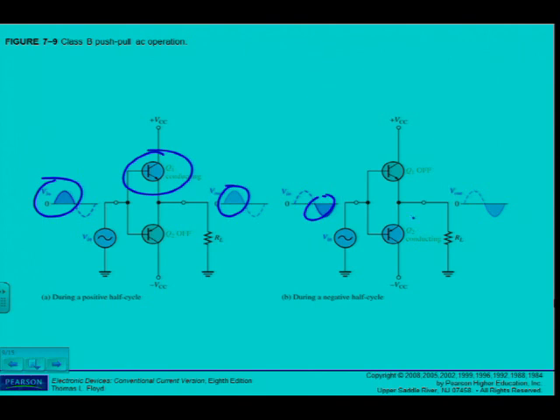Negative alternation, I can see Q2, which is a PNP transistor, is going to conduct for the negative alternation. Alright, so the positive and negative alternations are amplified. But is it linear? Is it a linear amplifier already or not?